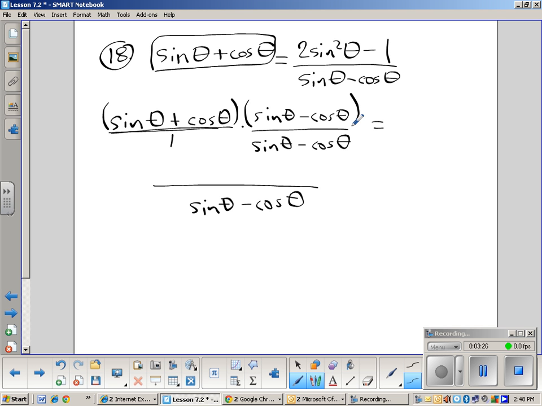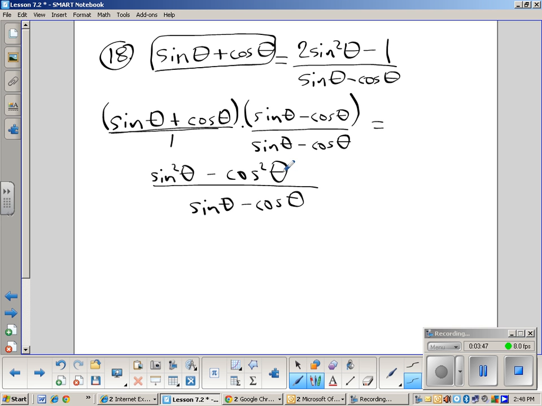We could FOIL that out if we wanted to, or you could just recognize that that's going to be sine squared theta minus cosine squared theta. The plus sine cosine and the minus sine cosine cancel, leaving us with sine squared minus cosine squared.